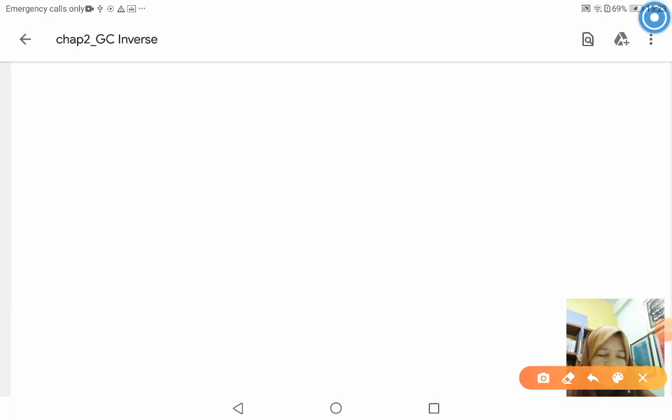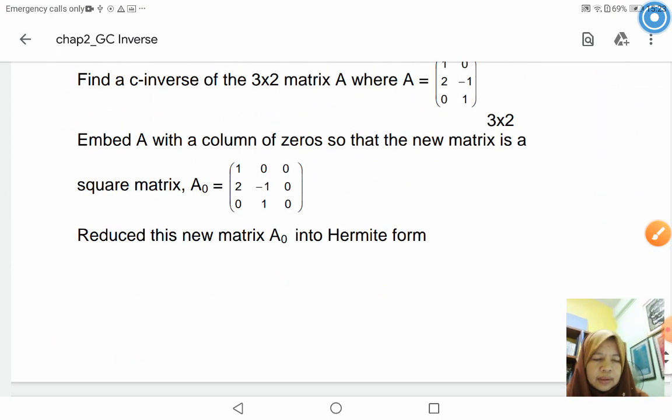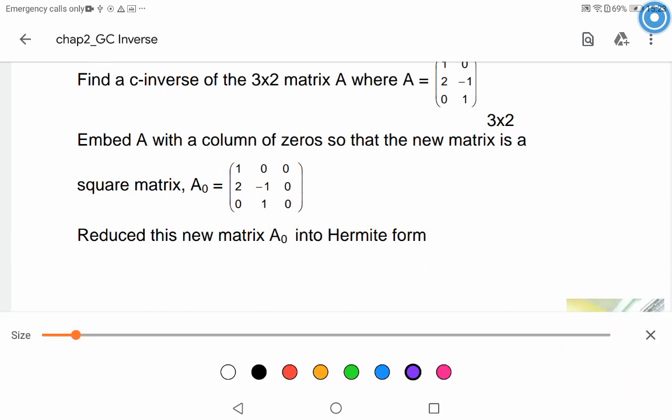How to reduce matrix A naught into Hermite form?